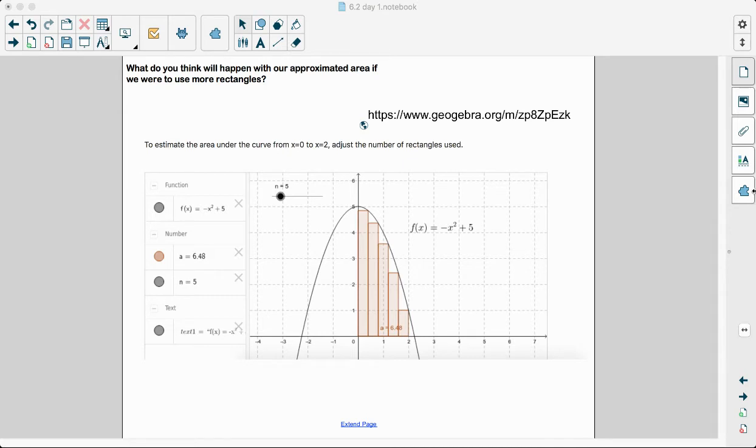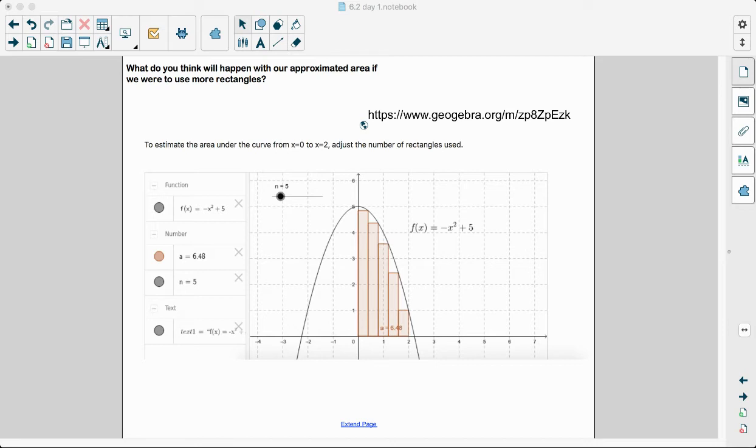All right, so if we used more rectangles, you see this area, this was the negative x squared plus 5, one was 6.48. If we use more rectangles, the area gets bigger and we have less and less empty space that we're not counting. The more rectangles we use, remember, just going from 0 to 2, so you don't count this little empty space by the x-axis.